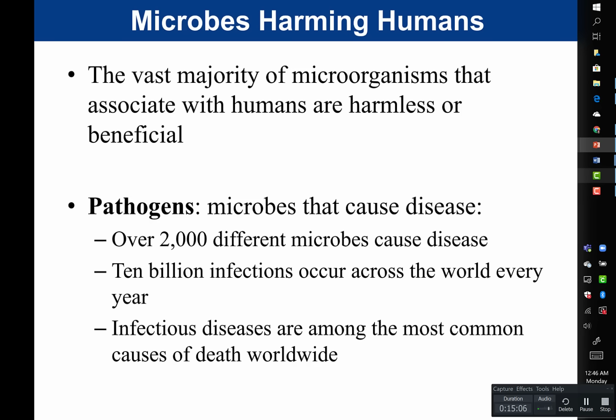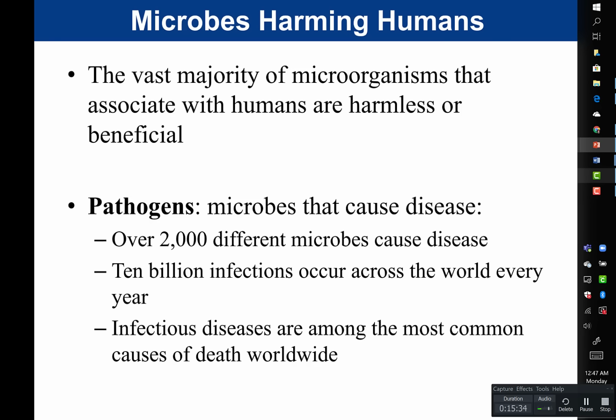There are over 2,000 different microbes that cause disease, and you're going to learn a lot about those throughout this class. 10 billion infections occur across the world every year. Infectious diseases are among the most common cause of death worldwide. Now, what you'll notice is that in the US, it's not a top cause of death.